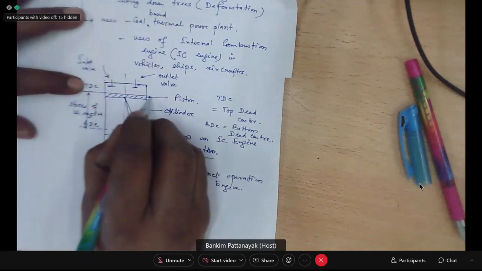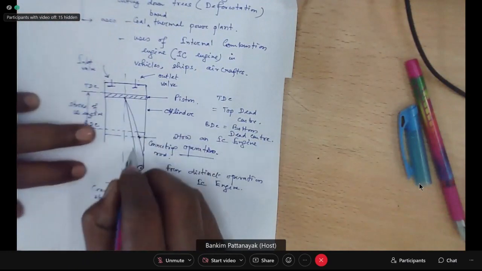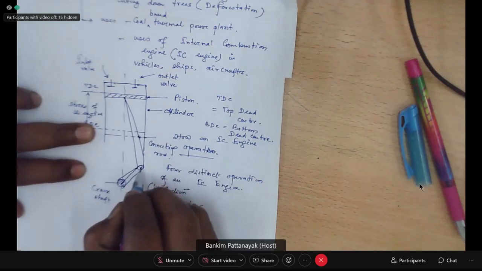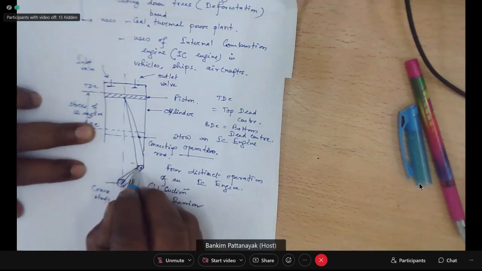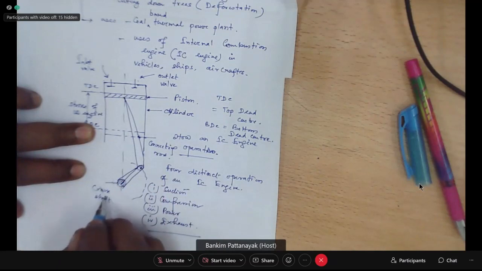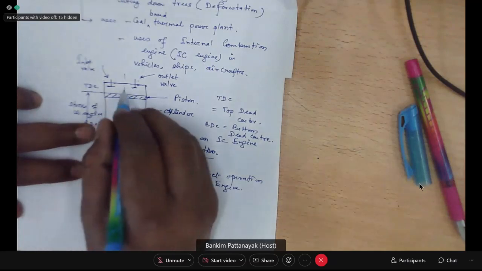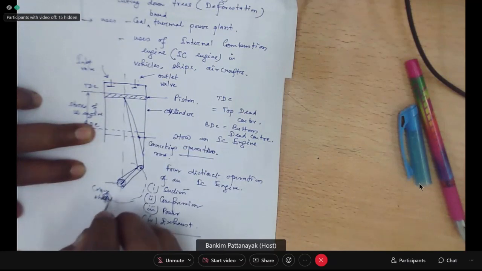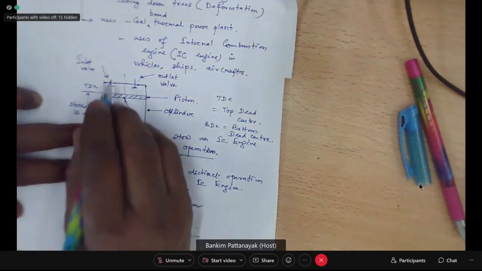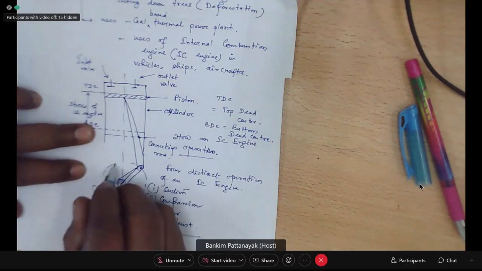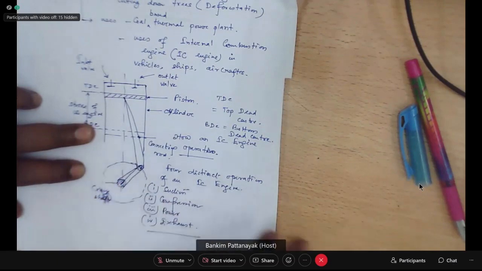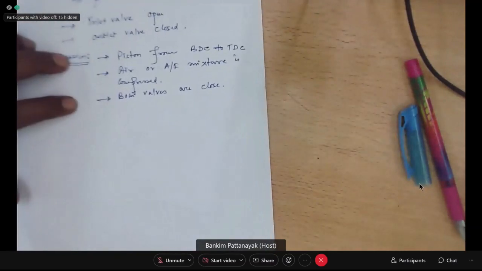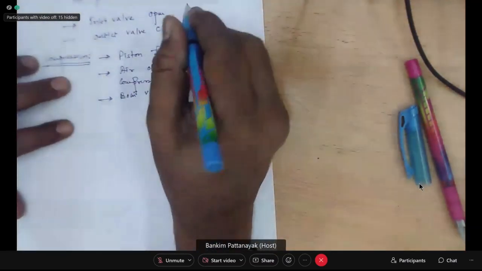Now, if you go back to the earlier diagram, you will find when it comes from TDC to BDC, naturally it forces down and the crankshaft takes half a rotation. So this is the crankshaft after the suction stroke. Now it is going from BDC to TDC. Once again, it comes back to the original position here. So piston from BDC to TDC.